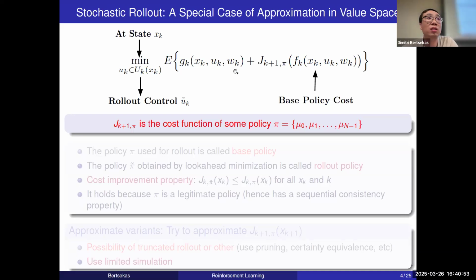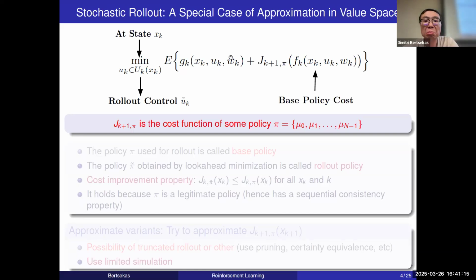But now, because of the stochastic quantity, this next state becomes a stochastic quantity as well, right? As a result, the whole sum in the bracket is a stochastic quantity. We cannot minimize the stochastic quantity. Therefore, we need to compute its expectation.